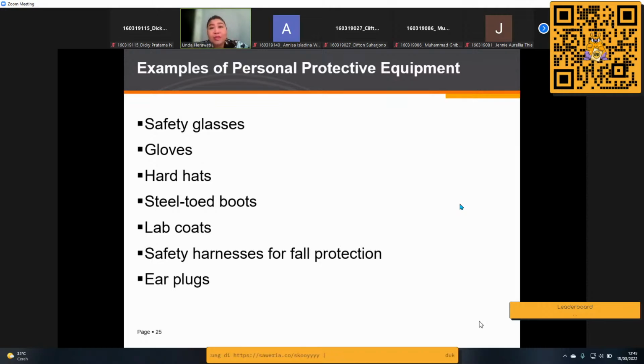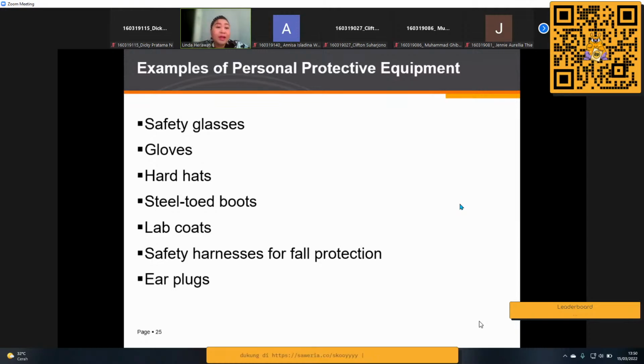The boots have steel in the toes. They are big and hard and very uncomfortable to use, but they prevent injury to your foot and your toes from, for example, cutting blades.